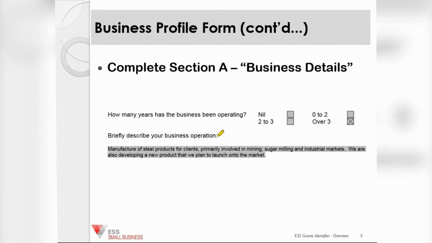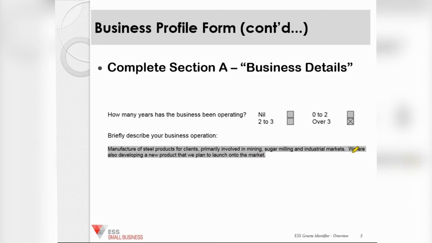Briefly describe your business operation. This is very important for us because it gives us some insight as to what your business does. The hypothetical business is a manufacturer of steel products for clients who are primarily involved in mining, sugar milling, and industrial markets. That's great information if you can give that to us.